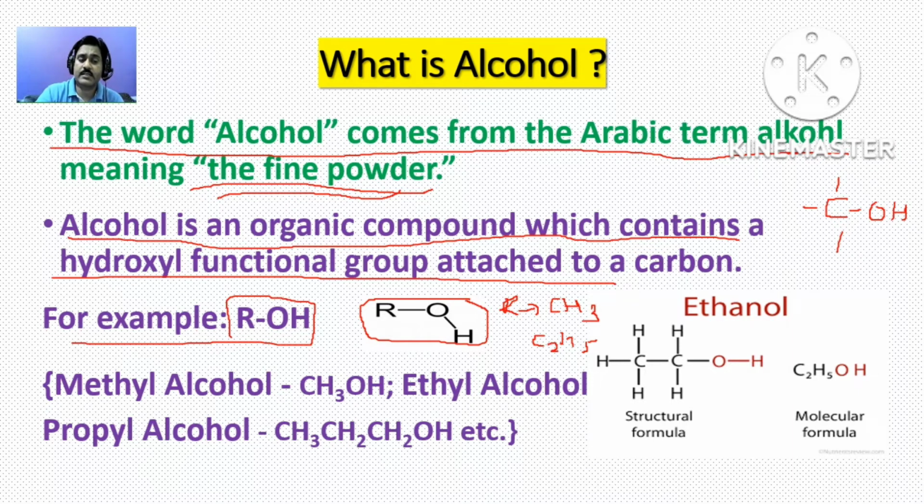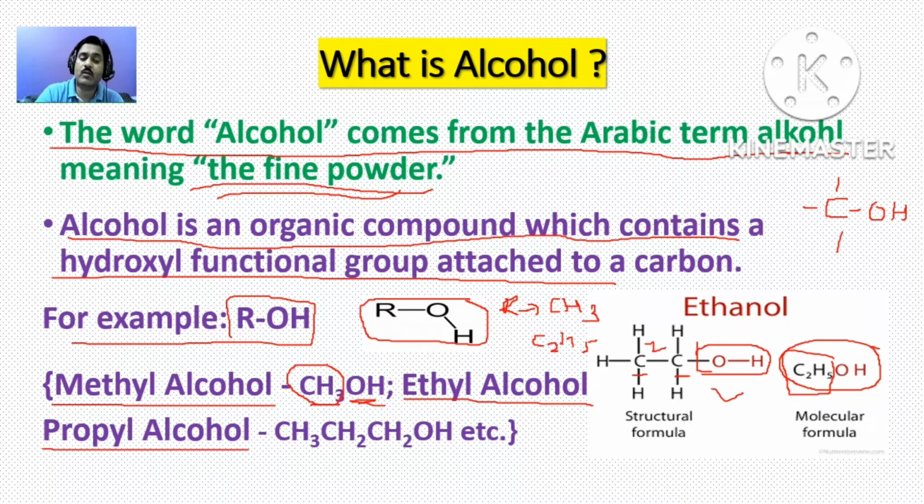Examples: methyl alcohol. Here, the methyl group is attached with OH, where R is CH3, the methyl group. Similarly, ethyl alcohol is C2H5OH. Here, the R group is C2H5 and OH is attached with it.